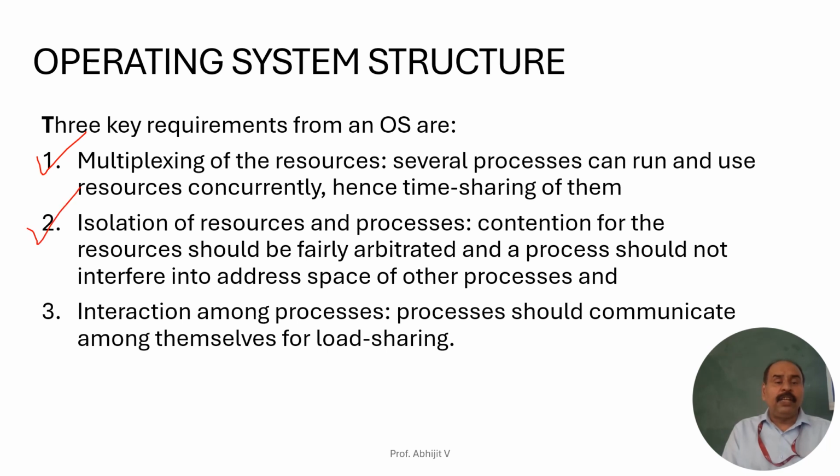You are sharing the time and utilizing the available resources in the most effective manner. Second point is isolation of resources and processes. Each person should have his own method and his usage of these particular resources. It should be multiplexed as well as isolated, right? Contention for the resources should be fairly arbitrated, and a process should not interfere into the address space of another process.